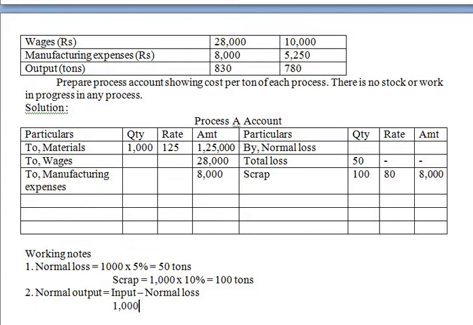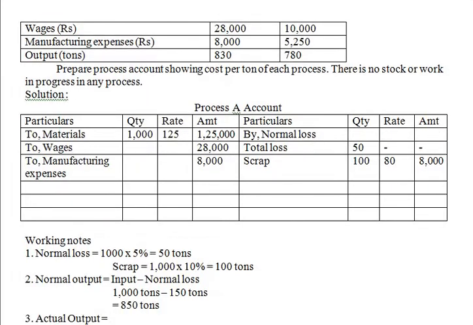Now input is 1000 tons minus normal loss 150 tons. Understood how 150 tons? Because 50 is normal loss, that we call total loss, and scrap is also included in that. So scrap is 100. So 150 tons is normal loss. So that will be equal to 850 tons.